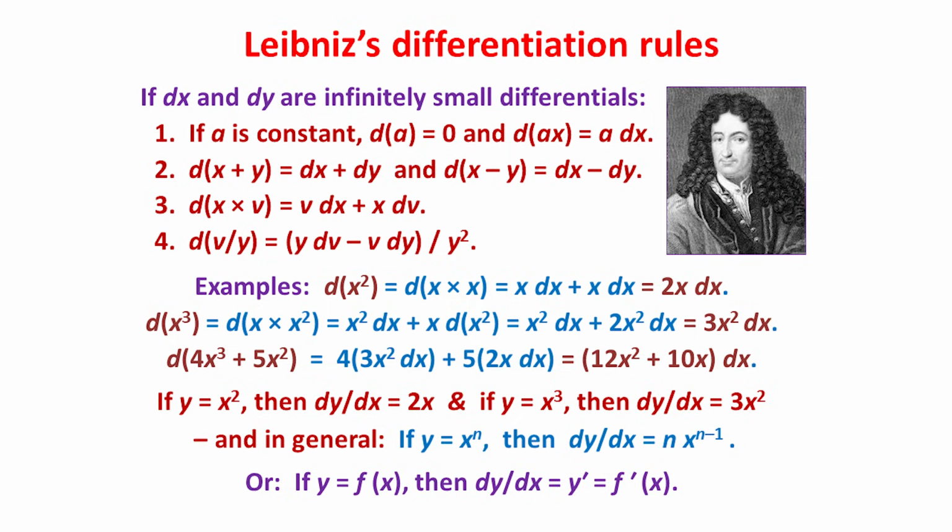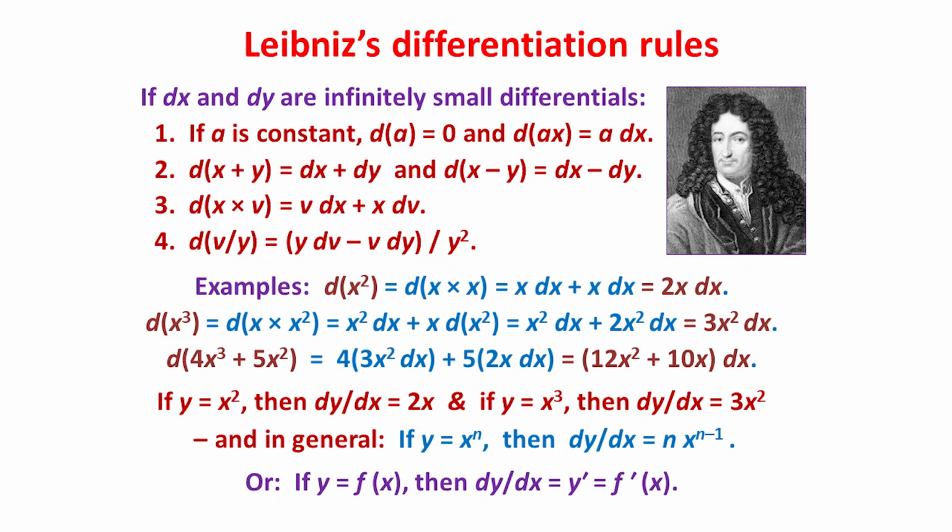For the slope, he then divided by dx to give dy over dx, or dy by dx. For example, when y is x squared, the slope dy by dx is 2x. And when y is x cubed, dy by dx is 3x squared.